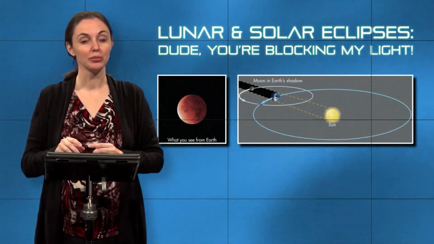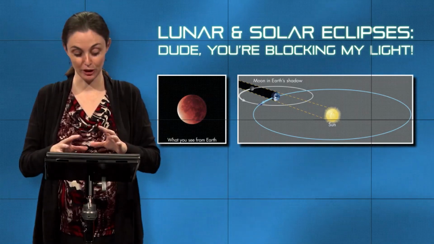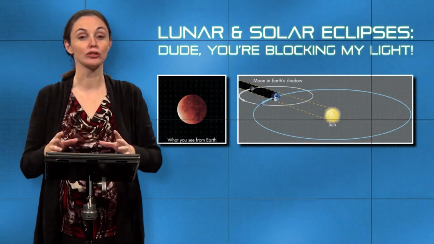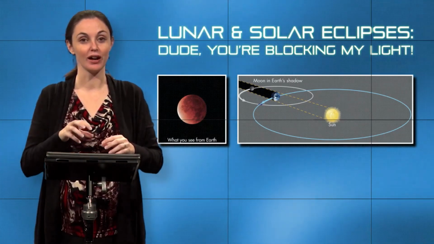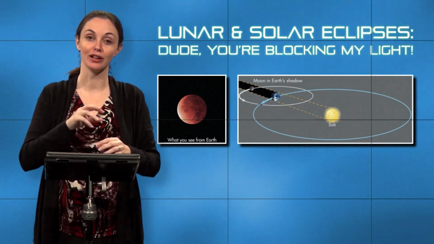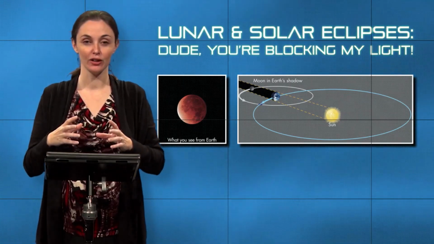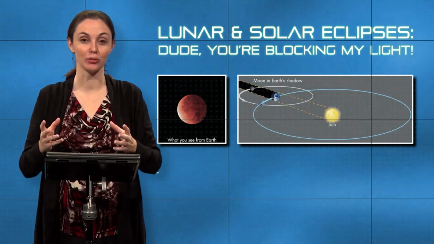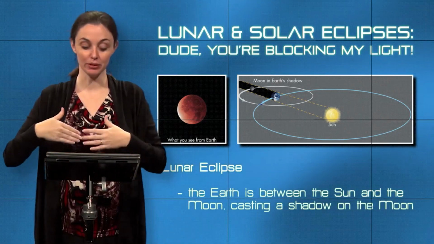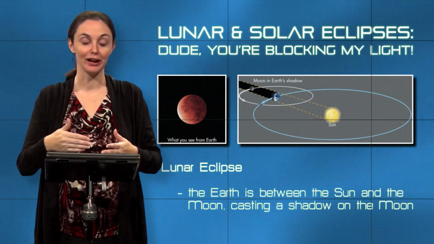A lunar eclipse is going to influence a much larger portion of people because in this case, you're dealing with the Earth being the object that's blocking the light from reaching the moon, and the Earth is 4 times bigger than the moon. So it's just going to cast a much bigger shadow. It's going to completely envelop the moon.